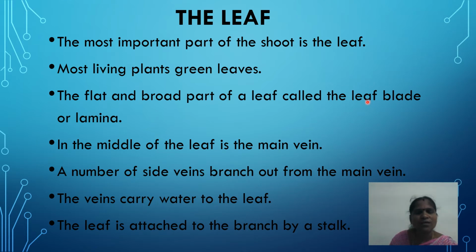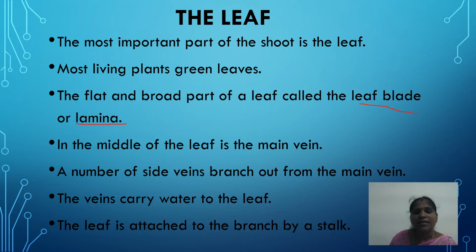Some are conical, some very broad, and some very thin and small. The flat and broad part of the leaf we call the leaf blade or lamina.